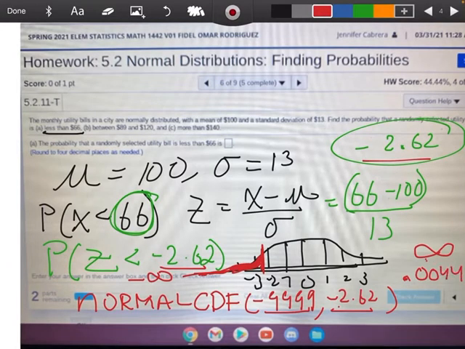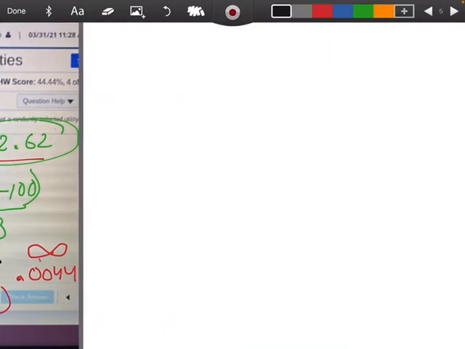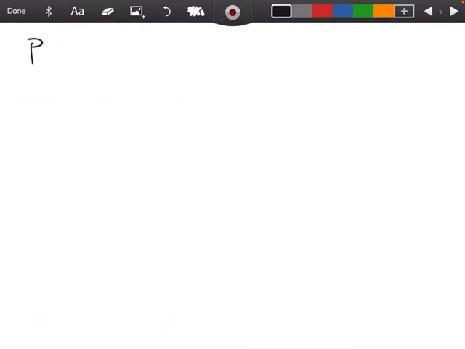Okay. So part B says, find the probability that the value is between 89 and 120. So we're saying, what's the probability that my bill is going to be between 89 and 120? We said earlier that our mean was 100 and that our standard deviation was 13.